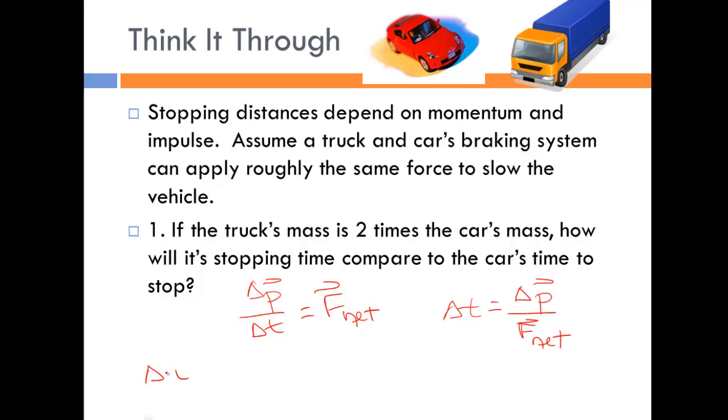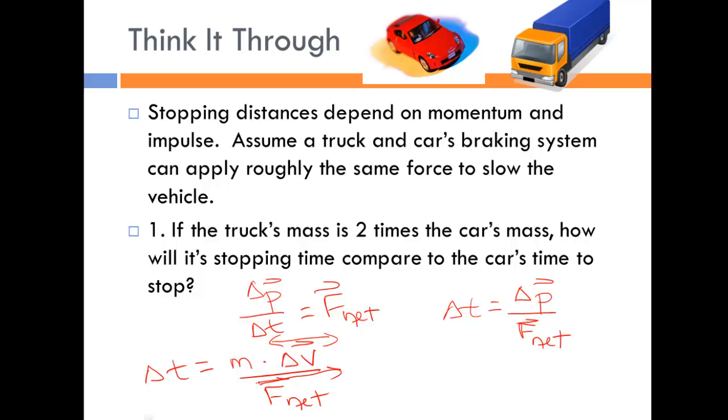So let's do a comparison then. The time interval involved here is going to be equal to mass times the change in velocity divided by the net force. Well, we're coming to a stop, and if they started at the same speed, the change in velocity is the same for each, so this term is constant.